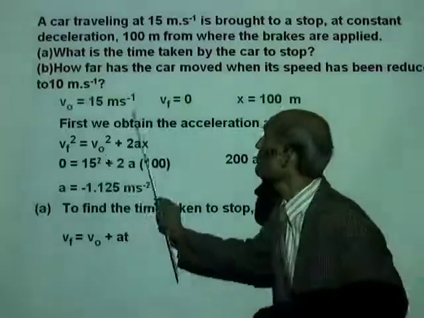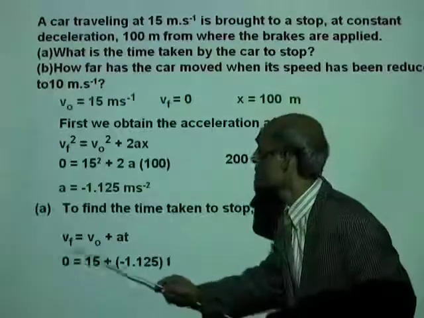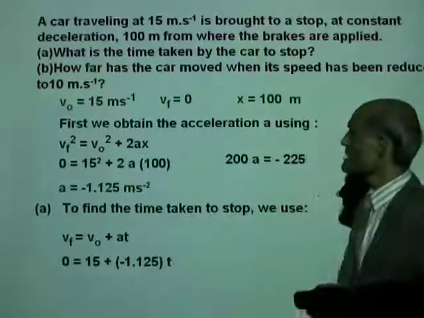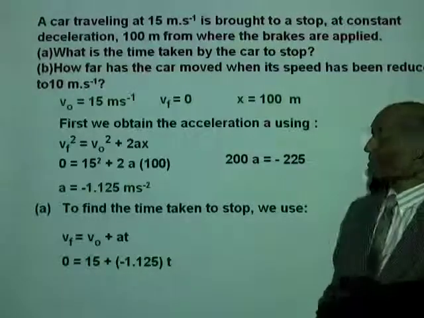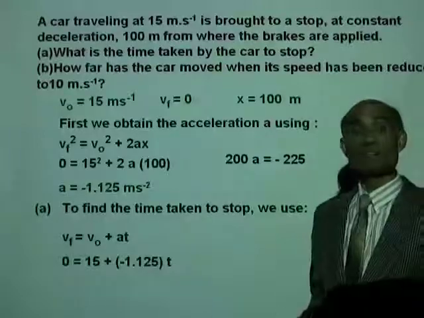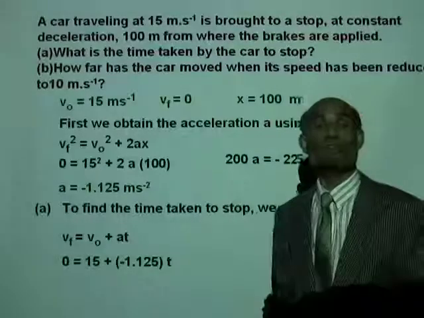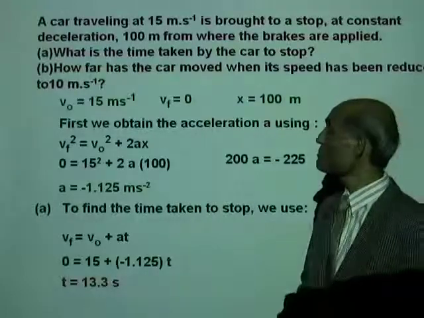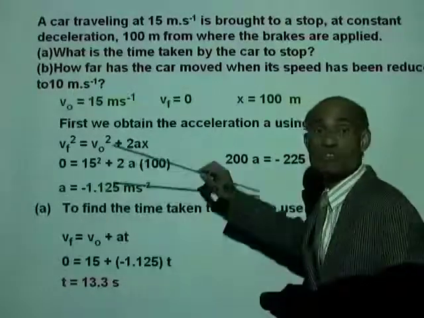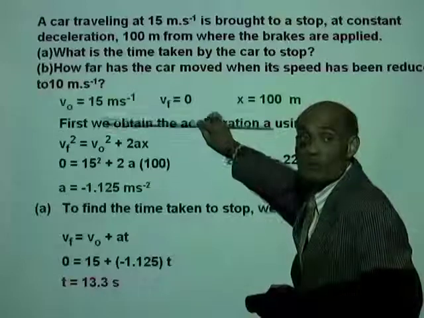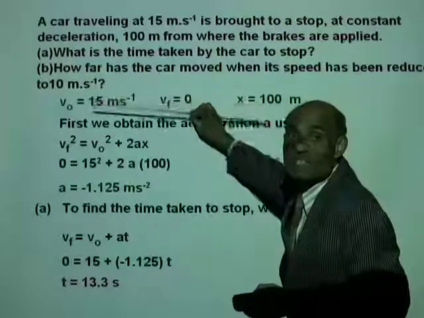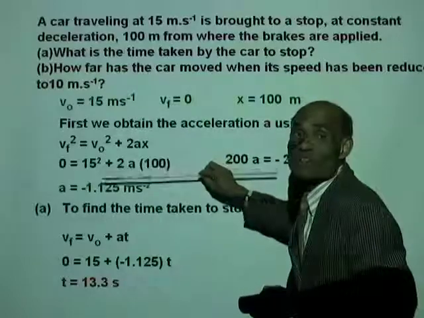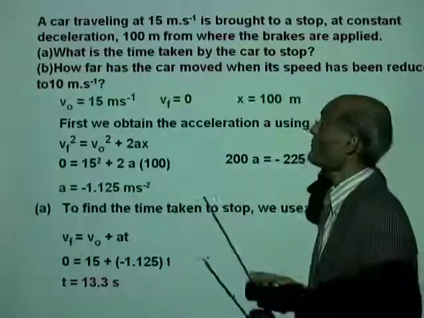We have 0 equal to 15 plus negative 1.125 times t, and solve for time from there. That gives you t equal to 13.3 seconds. You can see that's a two-step problem. You got to use the given data to find acceleration and then use the acceleration to find the time.